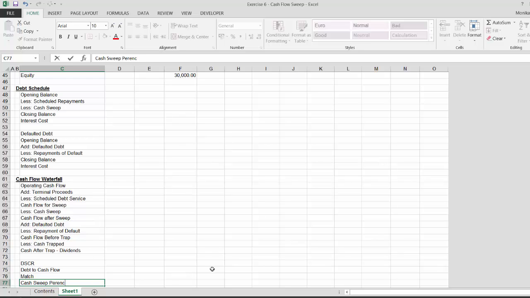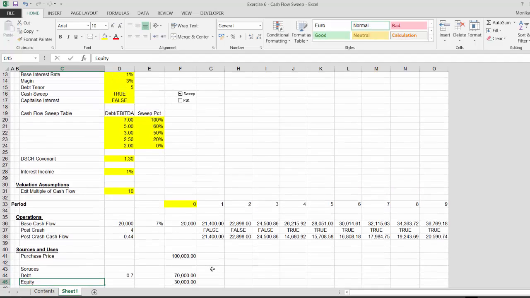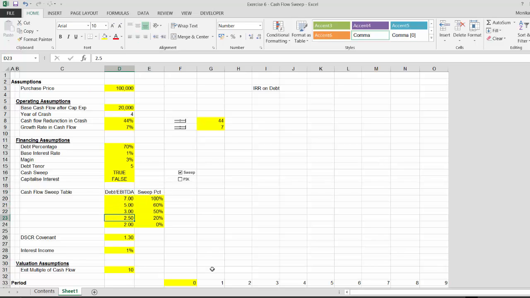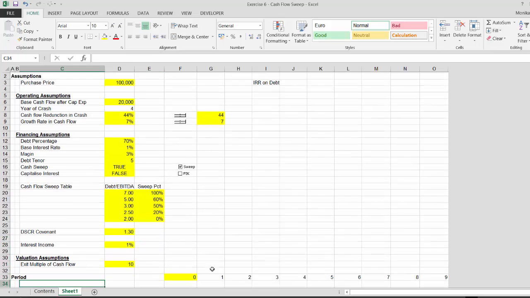And what this is, I purposely put this so it goes down. So once we have a normal kind of company where we don't have any sweep anymore, whereas a high leverage company might sweep 100%, and then it may be a little bit less. We gradually allow some dividends as the company becomes a regular old company.